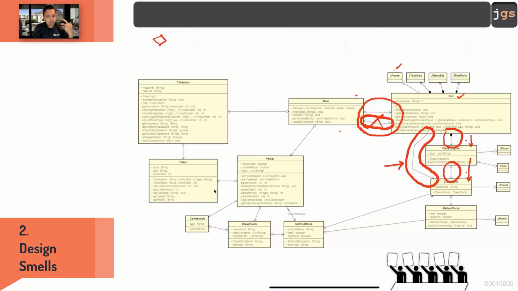I am the boss of this guy, and this guy is the boss of this guy. So I am the top, this is my employee, but he is the boss of this one. And something that you do not do is have this guy, even though he's the top in the hierarchy, communicate directly with this guy.